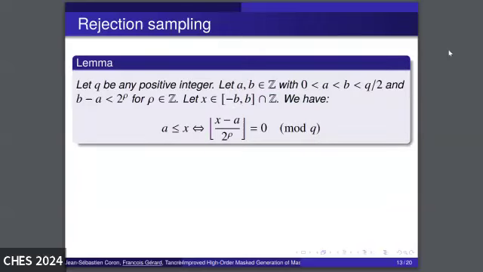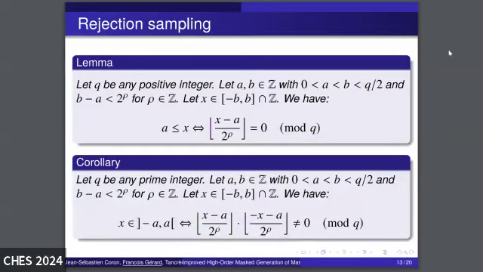If you put it in an equation, it uses the fact that if x minus a divided by 2^rho equals 0, then it means that x is bigger than a. And as I said, we have to test both sides, but for this it's easy. You test for x, you test for minus x, you multiply, and if you have something different from 0, you know that you're in the right interval.